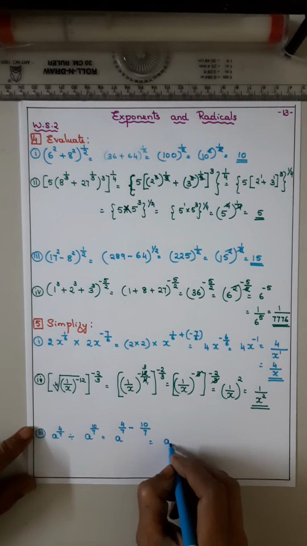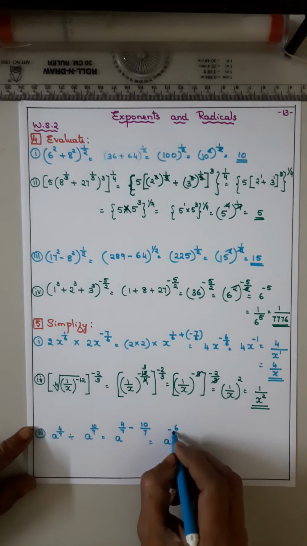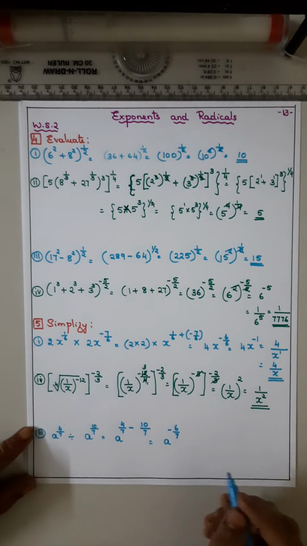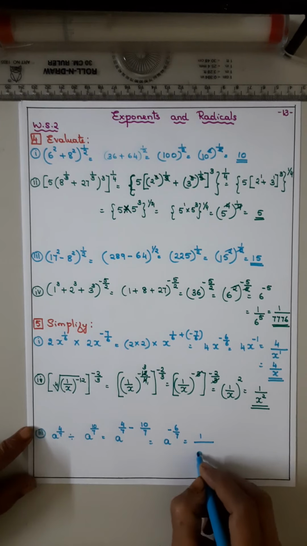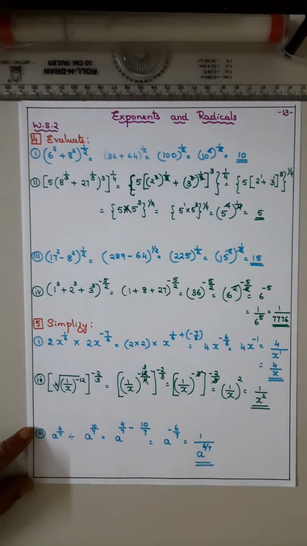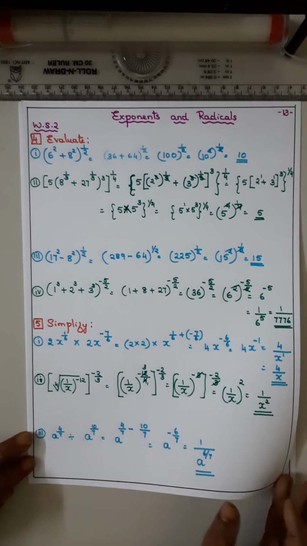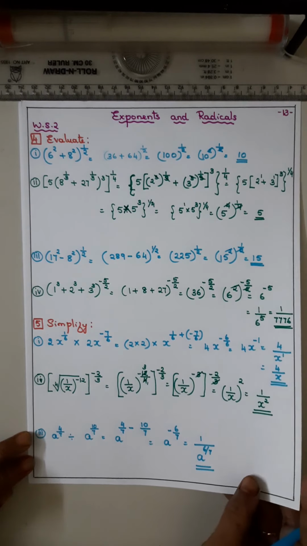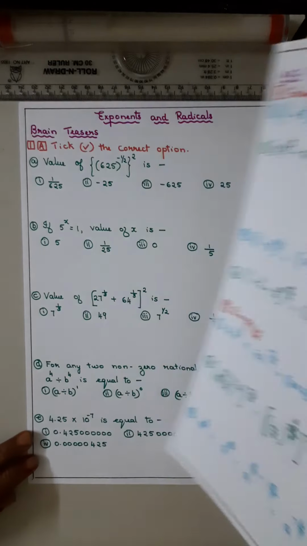So that means a to the power minus 6 by 7. Now negative power, so 1 by a to the power 6 by 7. Hope you are understanding all these sums. So we have completed the simplification also, that is question number 5.